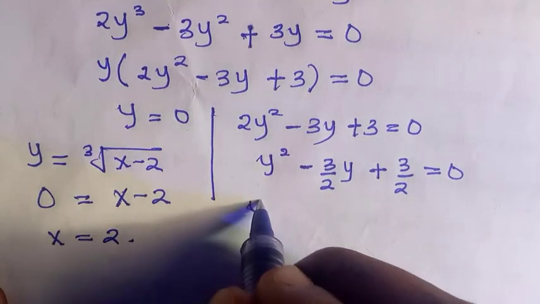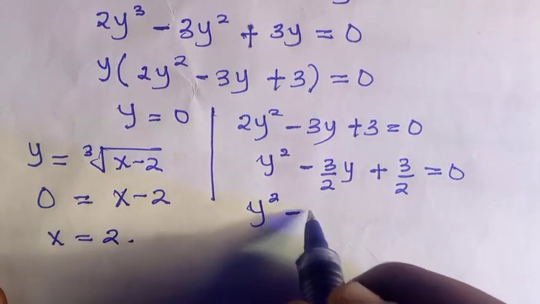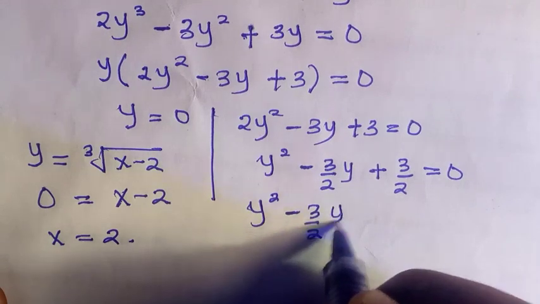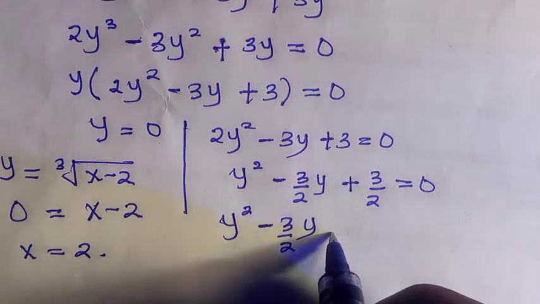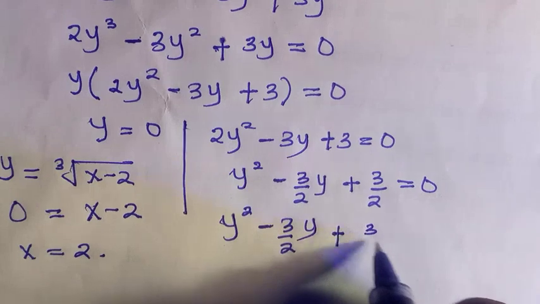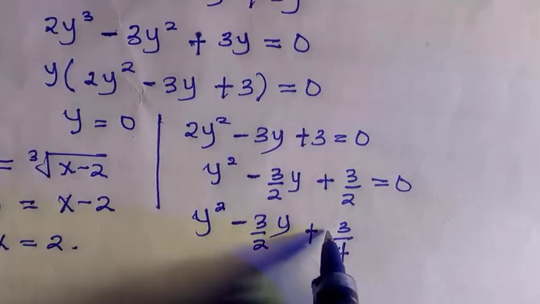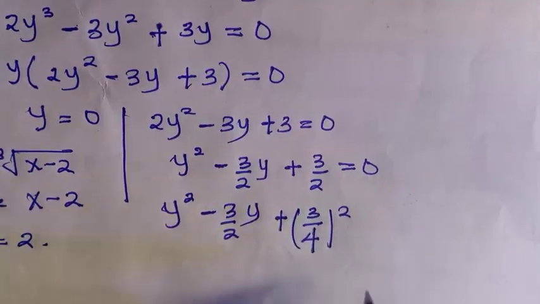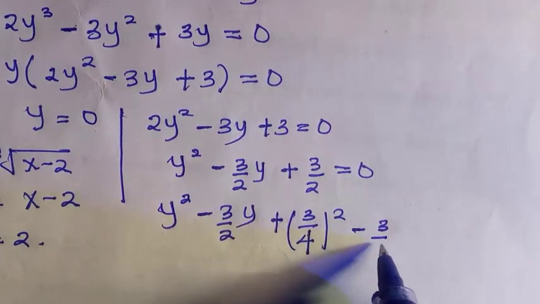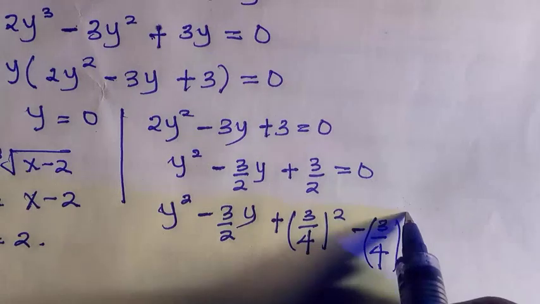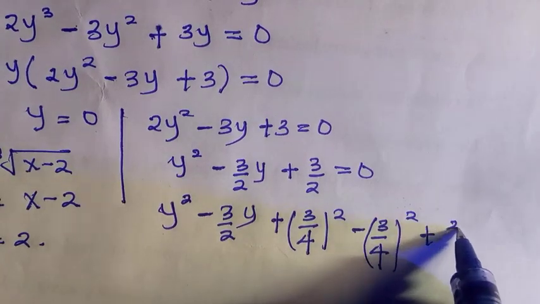By doing that, we have y raised to the power of 2 minus 3 divided by 2 y, then plus 3 divided by 4, okay, and then we square it. Negative 3 divided by 4, we're also going to square this, plus 3 divided by 4.